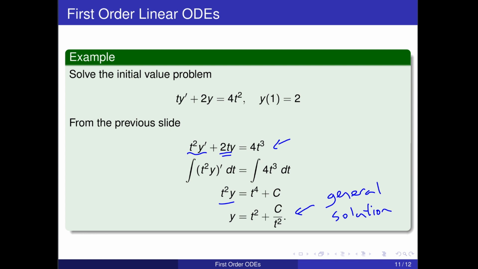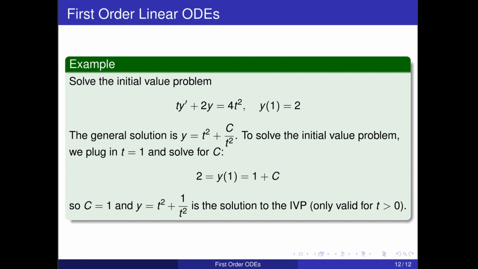But remember, we were trying to solve an initial value problem. So we want to specifically find the solution where y of 1 is equal to 2. Doing that's not too hard at all. We just plug t equals 1 into our general solution and solve for this unknown constant c. So that's what we'll do here.